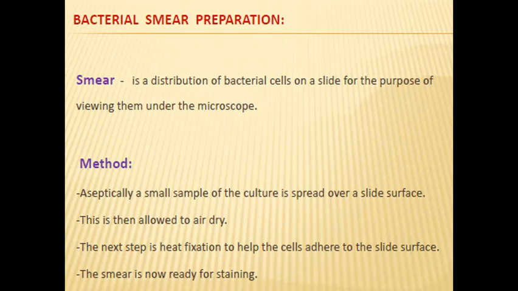It means all the bacterial cells are now fixed and adhere strongly to the glass slide. After that, the smear is ready for staining. In this way we first prepare the bacterial smear on the glass slide, and then we start the staining process.